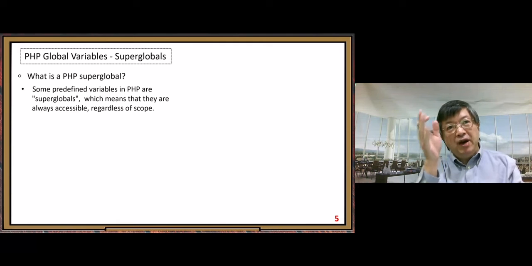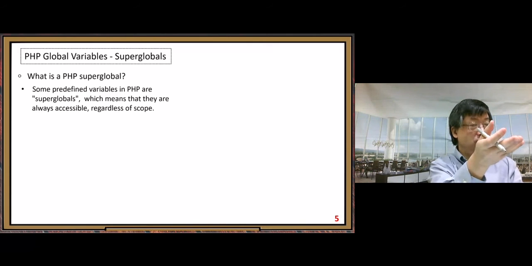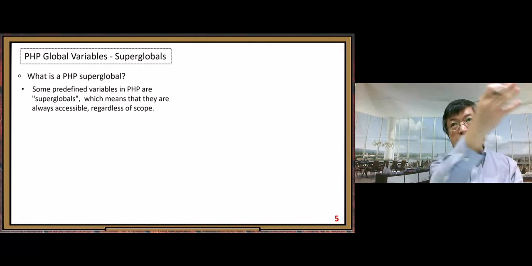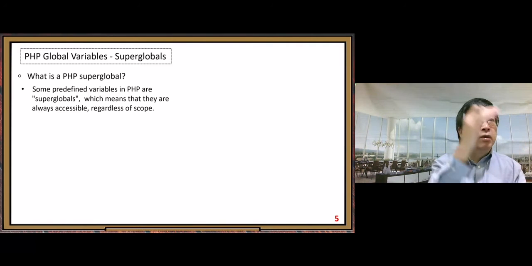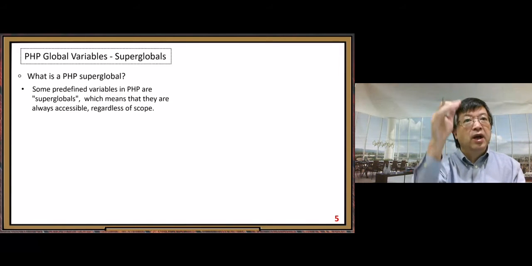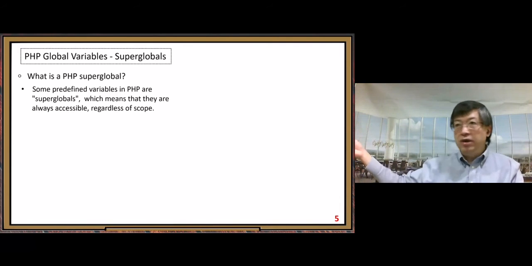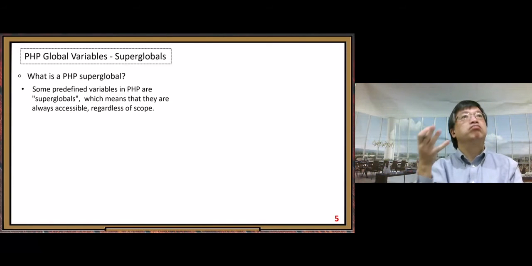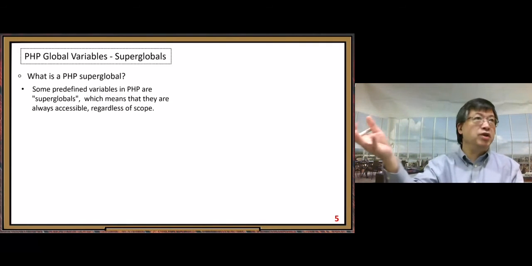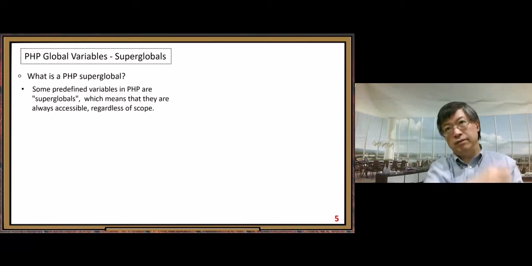Predefined variables. That's what I call built-in variables in PHP, super globals, which means that they are always accessible regardless of scope. Anywhere, any place. No matter where you need to use them, you just write the expression directly and you get those values directly.